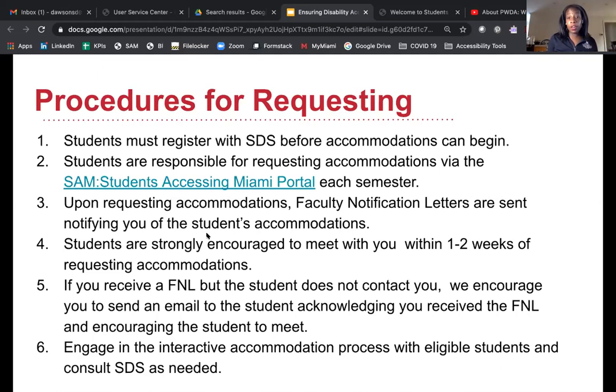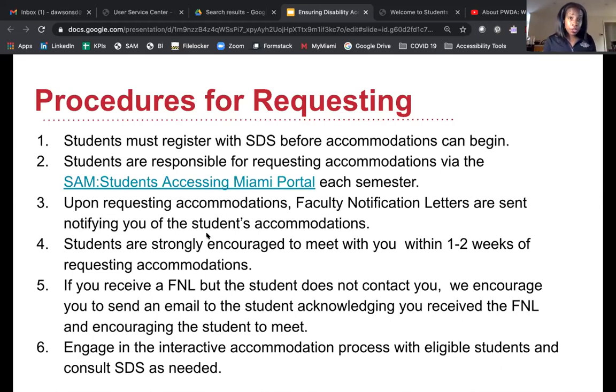And so we do encourage faculty, when they get an accommodation letter, just to go ahead and reach out to the student, acknowledge that, hey, I received this faculty notification letter. I'm happy to provide accommodations. And I would encourage you to meet with me during office hours so that we can talk about ensuring that all of your accommodations will be met. So that's something that we encourage faculty to do.